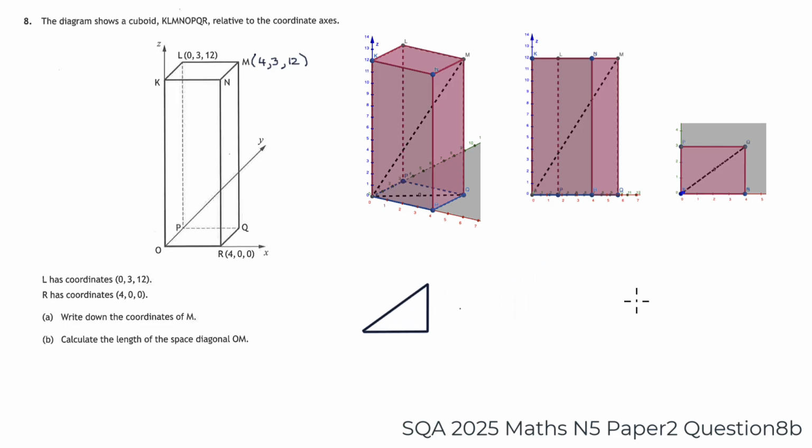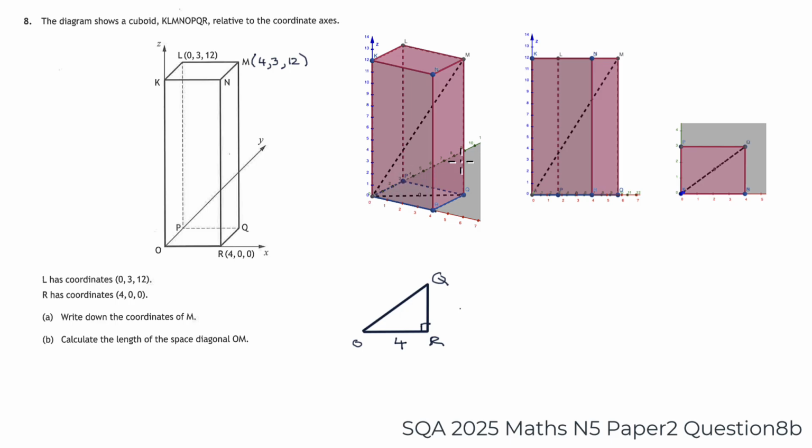So what do we know about this triangle? Well, we know that's a right angle, and we also know that the side OR, that's this side here, the side OR that was sitting along the x-axis, has 4 units in length. And we also know that RQ, that's this side here, was of length 3 units.